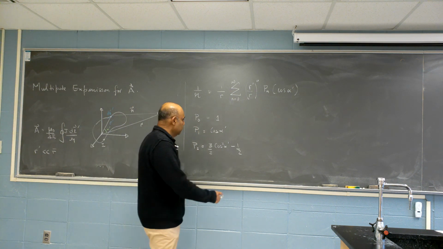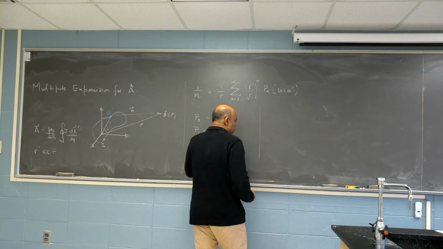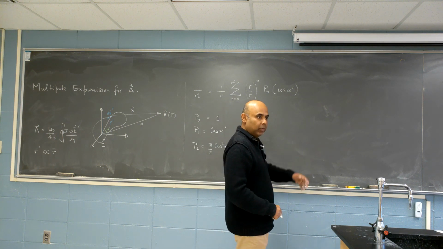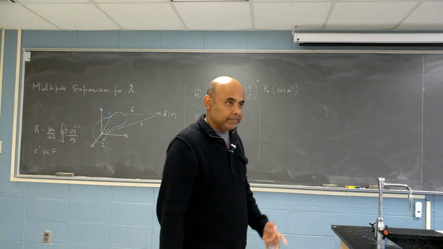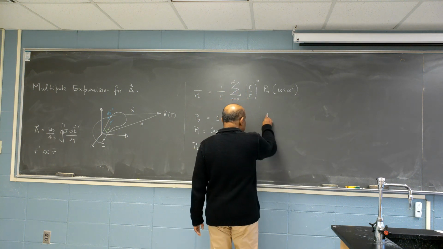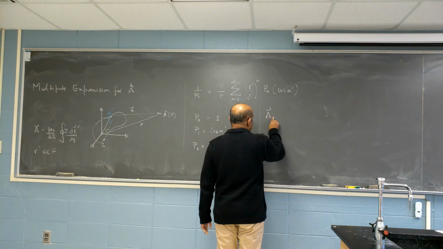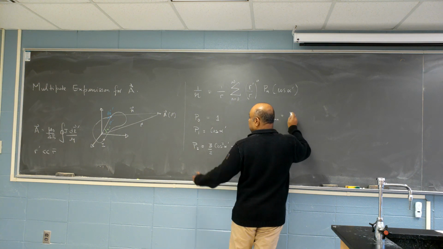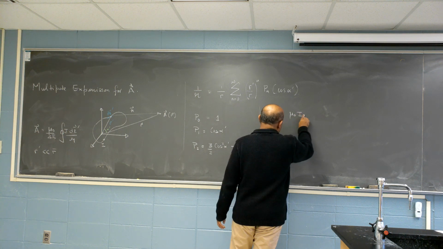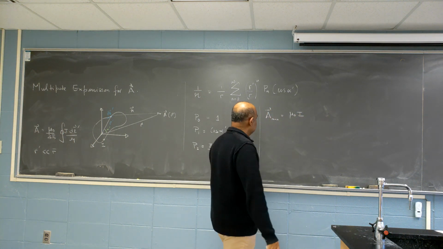So let's write it out one by one. Naturally, we expect the monopole term to be 0. So I'm going to do A, one term, 0. I can bring out the I. Most often the current is constant.